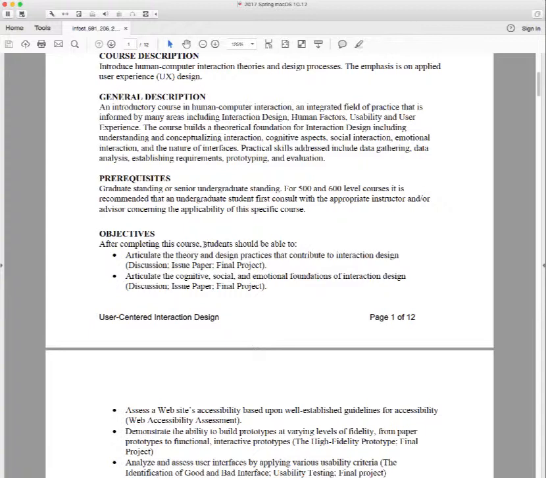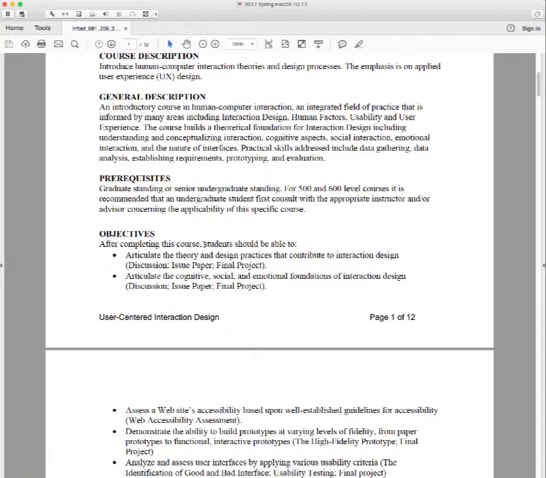more generally what people in the field have said and believe and recommend. The course builds a theoretical foundation for interaction design, including understanding and conceptualizing interaction, cognitive aspects, social interaction, emotional interaction, the nature of interfaces.